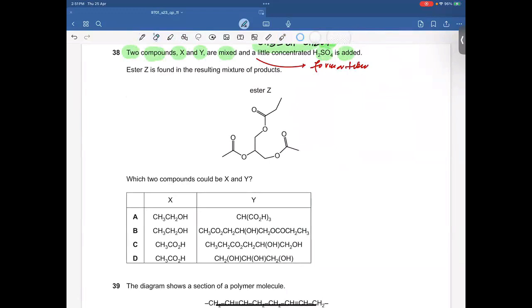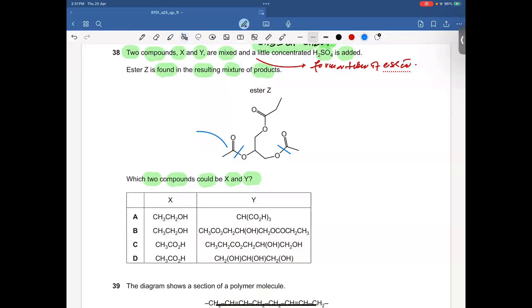So we really need to find out, using this structure of the ester, what kind of alcohol and carboxylic acid are used during the reaction. Element Z is found in the resulting mixture of products. Which 2 compounds could be X and Y? Obviously, I've told you, whenever hydrolysis of an ester takes place, break the carbon single bond oxygen.